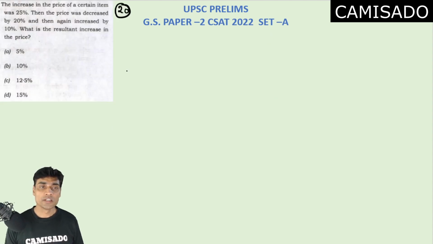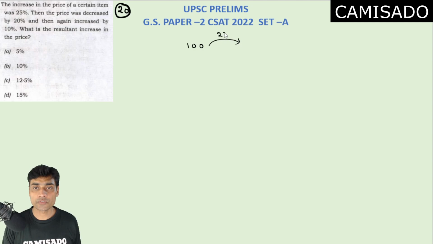Now next, the price of a certain item was increased by 25%, then the price was decreased by 20%, and then again increased by 10%. What is the resultant increase in the price? In this question, suppose the price is 100 in the beginning. With a 25% increase, the price becomes 125.